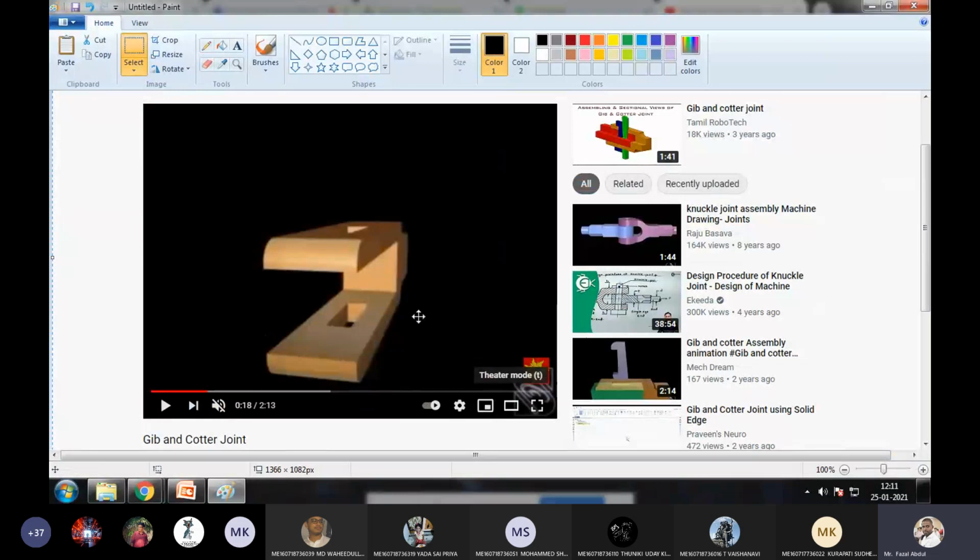Failure of strap end in shear means the gib and the cotter come outside through this channel. I'm drawing here. Come outside through this channel.